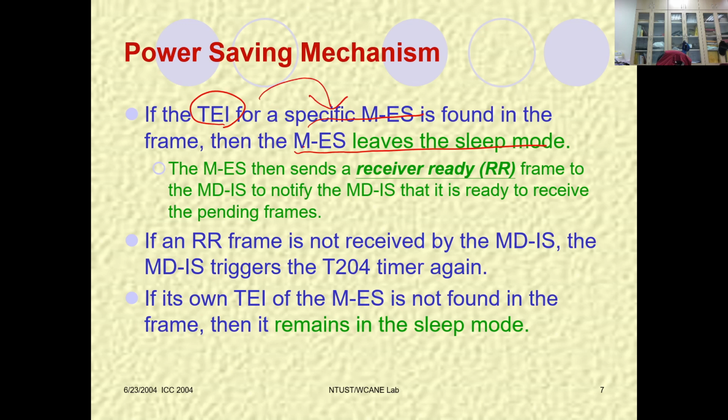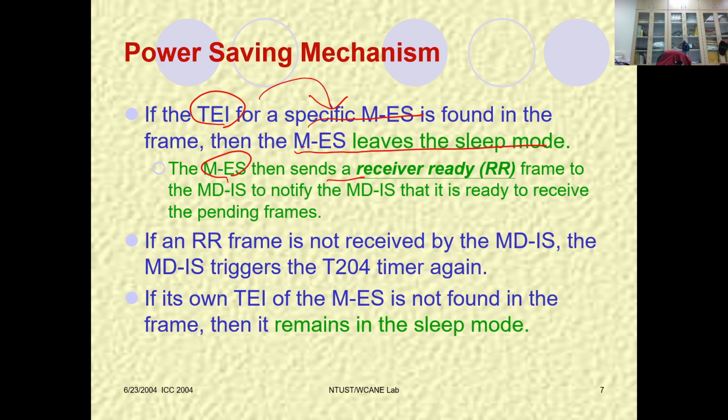Well, after leaving the sleep mode, then MES sends a receiver ready frame to the MDIS and lets the MDIS know right now this MES is ready to receive the pending frames.